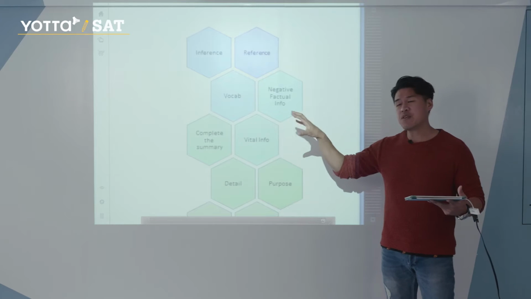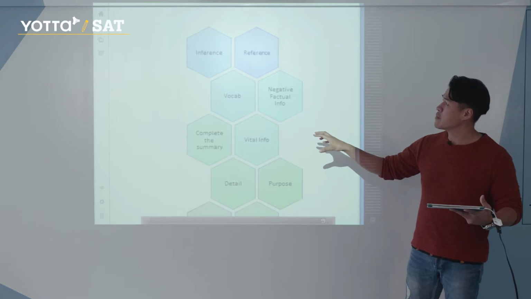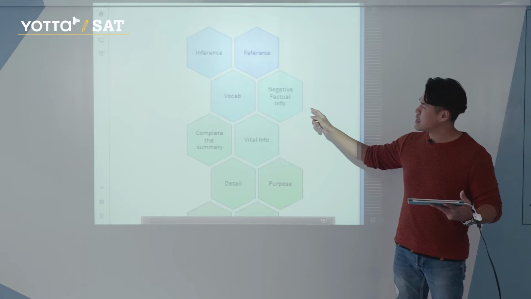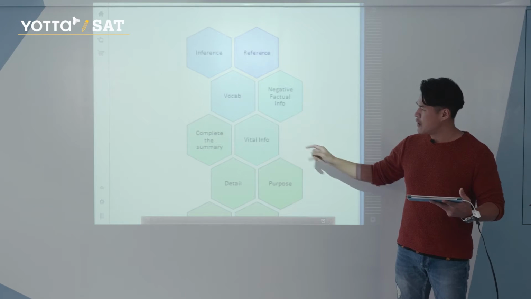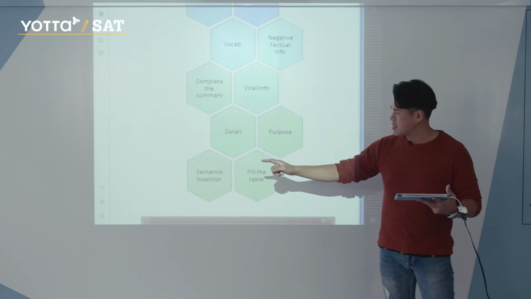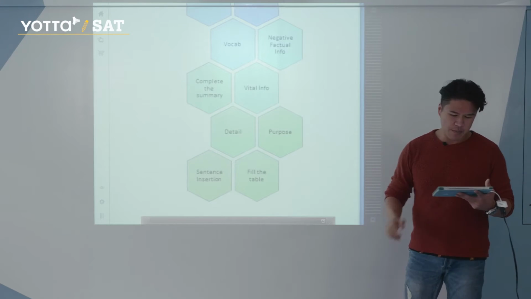There'll be 10 different kinds of questions on the TOEFL reading: inference, reference, vocab, negative factual information, complete the summary, vital information, detail, purpose, sentence insertion, and fill the table. Out of all the 10 question types, you'll see vital information as the most frequently tested concept on the TOEFL.